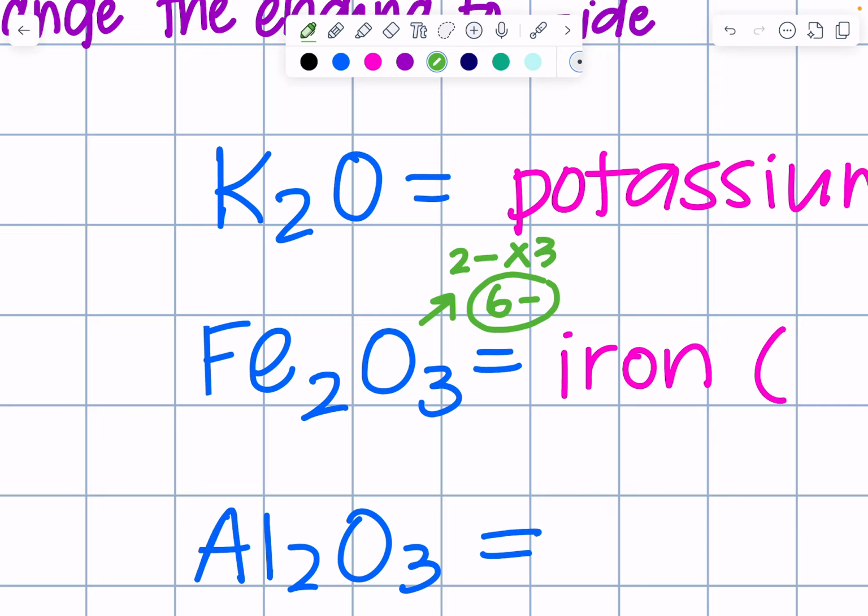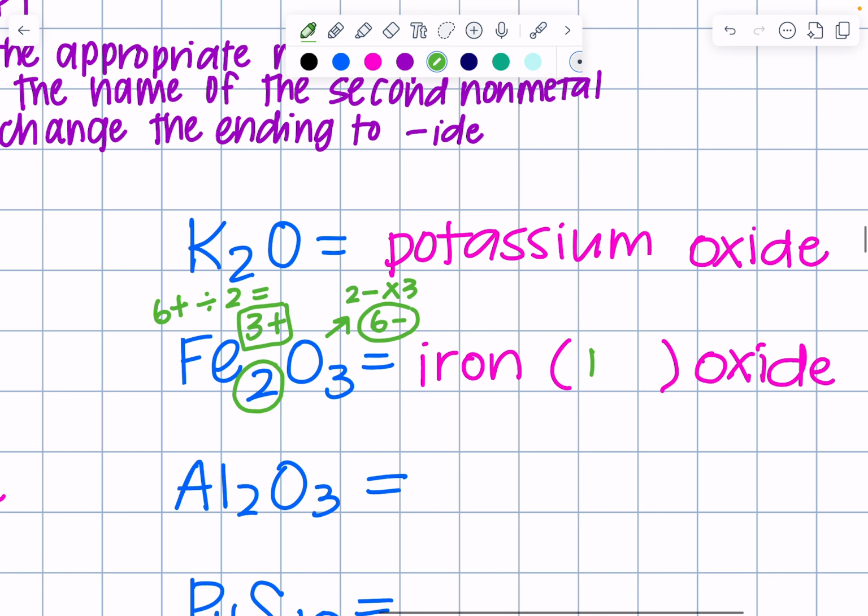So that means total, my iron has to be 6+, but this time it's divided between 2 atoms. So each of those is 3+. So iron(III) oxide.